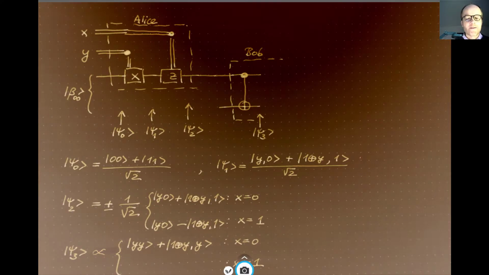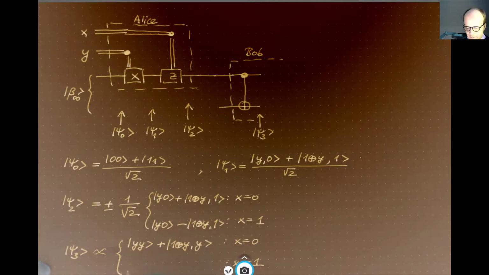Okay. So in both contributions to the sum, the state of the target qubit becomes y. And the same holds also for the case x equal to 1, only that we still have the relative minus sign.